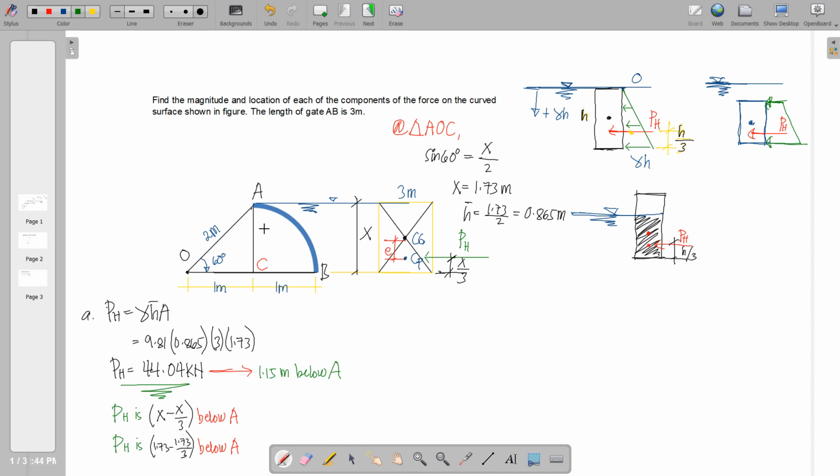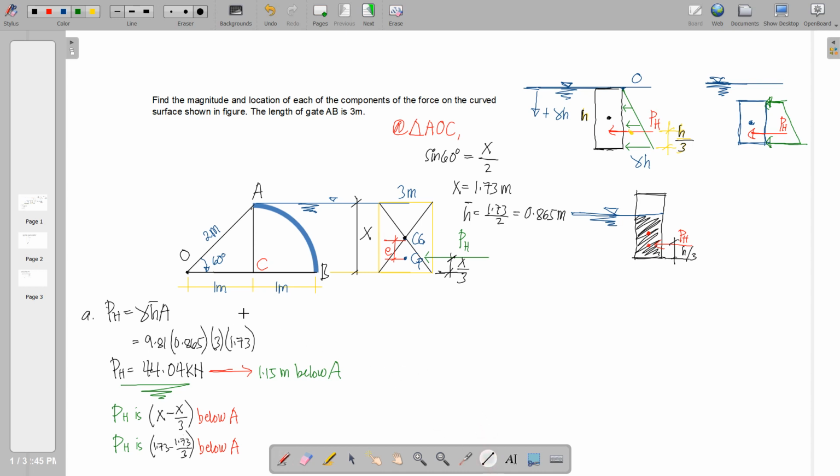But this time, if we have a curved surface, we always project that horizontally. So therefore, we are always working with a rectangle if we have a curved surface. And this rectangle will be our basis in computation for the horizontal component of your P. Okay, so moving on to the next step.